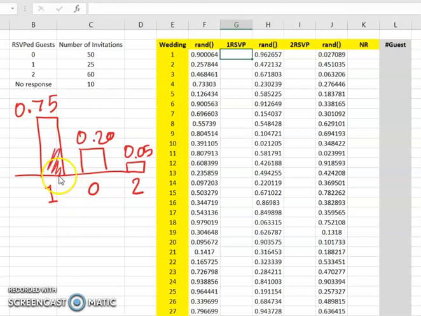According to this, we are now going to generate a random number, and in that situation we would simulate the number of people who attend the wedding and have RSVP'd as solo.